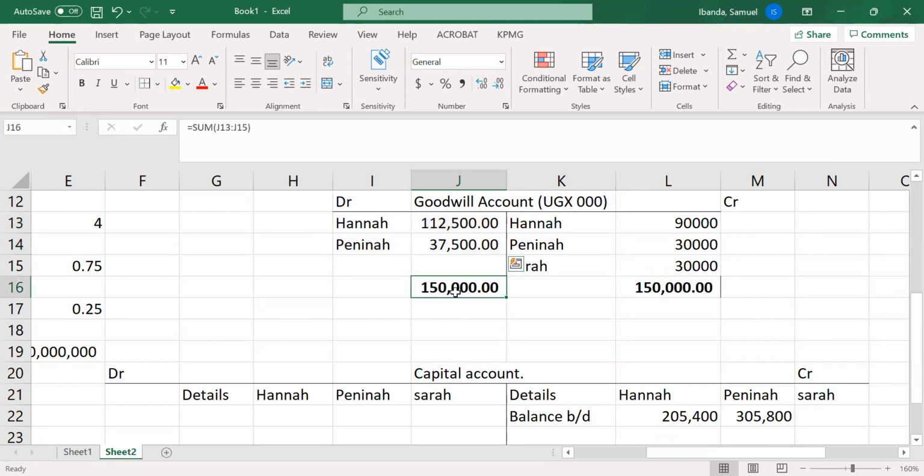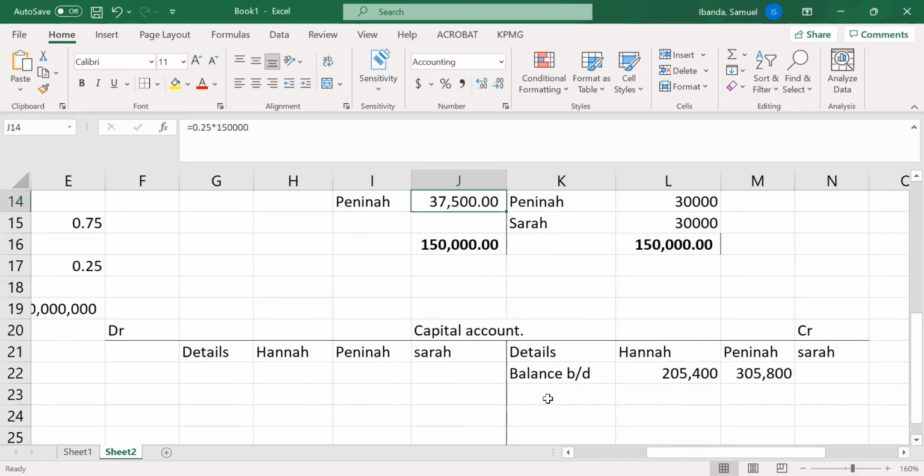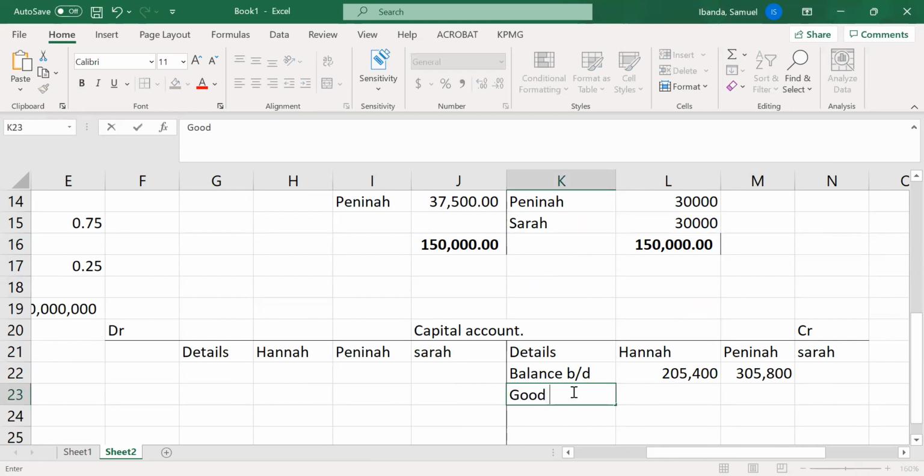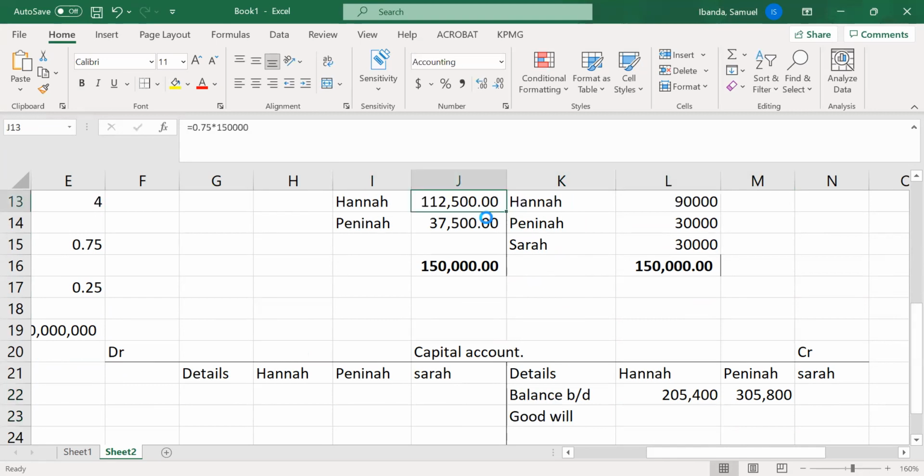Now, as you debit goodwill here using the previous sharing ratio, you're supposed to credit the capital account for the respective partners. So basically come here and say goodwill, and copy these amounts as they are.